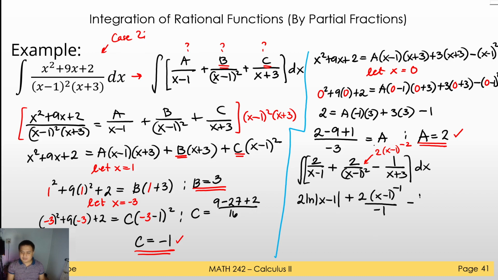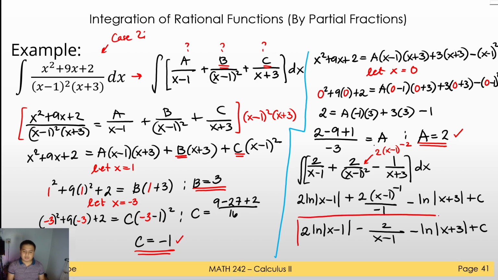And then minus ln of x plus 3 plus c. So simplifying this, you have 2 ln x minus 1 minus 2 over x minus 1 minus ln of x plus 3 plus c. So this will be your final answer.